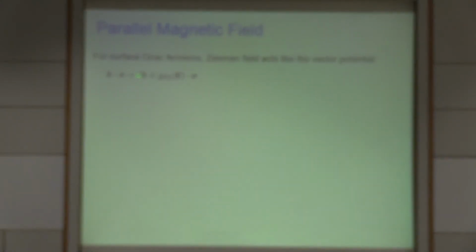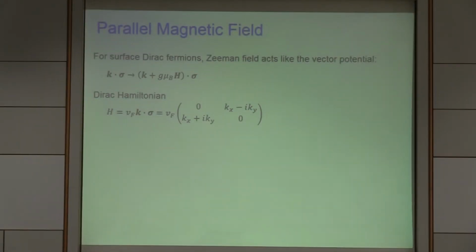So this k dot sigma is transformed into this one. The Dirac Hamiltonian, in the presence of a magnetic field, is transformed into this form. The z-axis magnetic field opens the mass gap, but the in-plane magnetic field component only shifts the Dirac point.